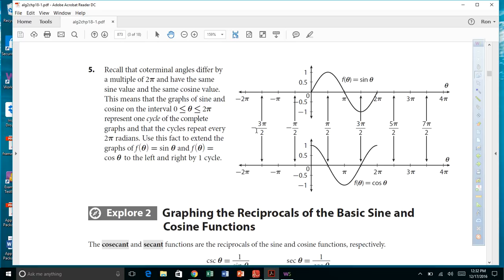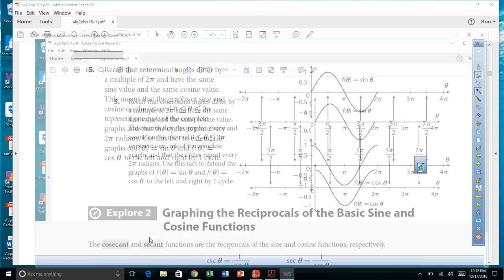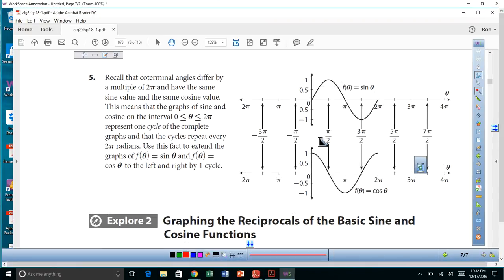All right, so let's see here. And let's do a different color here. So we have a minimum of -1 here. Okay, and then a max of 1 there. Okay, so which means we're also going to have an intercept right here. All right, so it's going to look something like this right here.